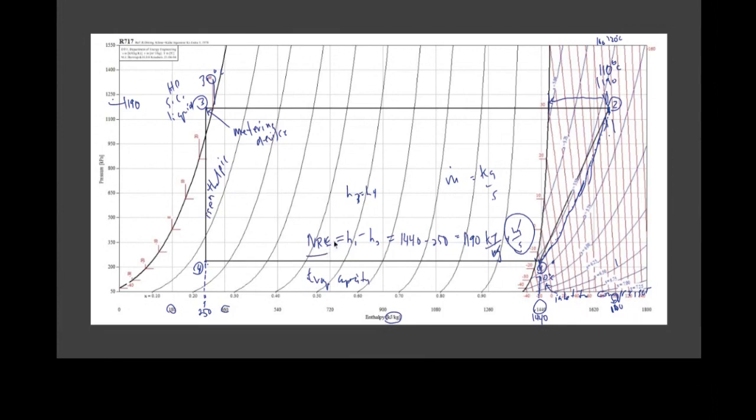Net refrigerating effect does not look at mass flow, but now that we know the actual mass flow, we can take the NRE times the mass flow, and what we're left with is kilowatt rating, because we get kilojoules per second. I'm going to put E there, but this is not kilowatts electric. This is the kilowatts of the evaporator.